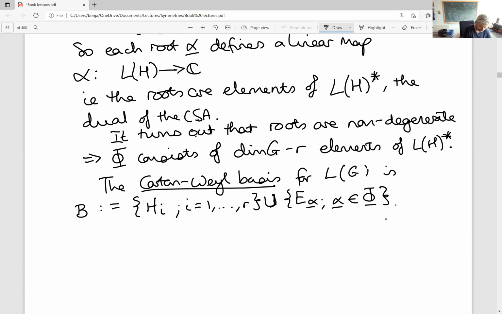So recall now that we're considering a simple Lie algebra, so the Killing form is non-degenerate.